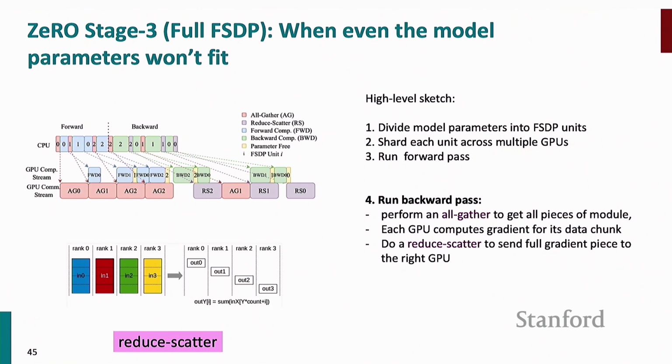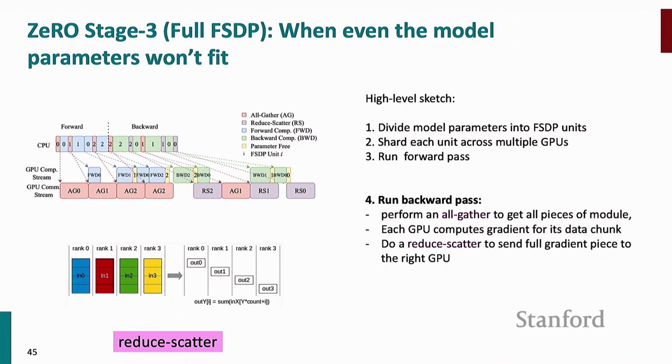Let's say you are GPU-K, you don't have the first layer, so you have to do an all-gather to get all of the parameters for the first layer. That's AG0. At the end of AG0, every GPU has the full set of parameters for the layers corresponding to FSDP unit 0. Let's say that's layer 0. So you have the full parameters for layer 0, and you run a forward pass.